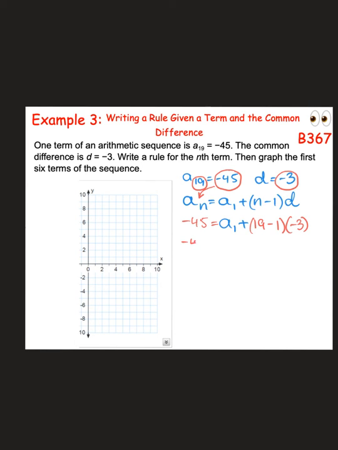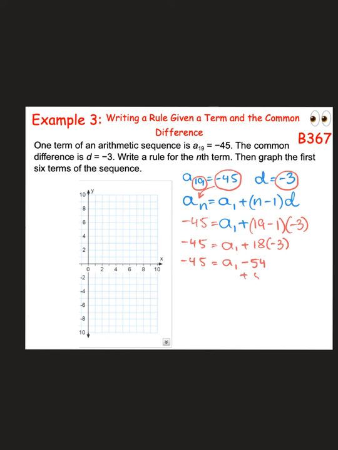So negative 45 equals a sub 1 plus 18 times negative 3. Negative 45 equals a sub 1 minus 54.